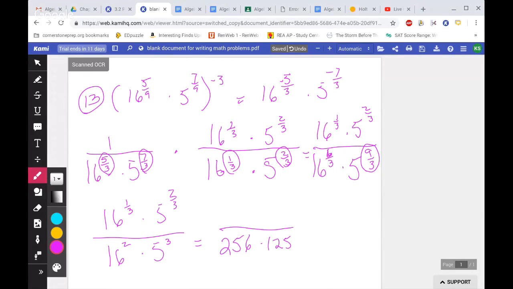And then up here at the top, what I want to do is make my exponents the same if at all possible. And there is a possibility of doing that if I change it to 1/3.